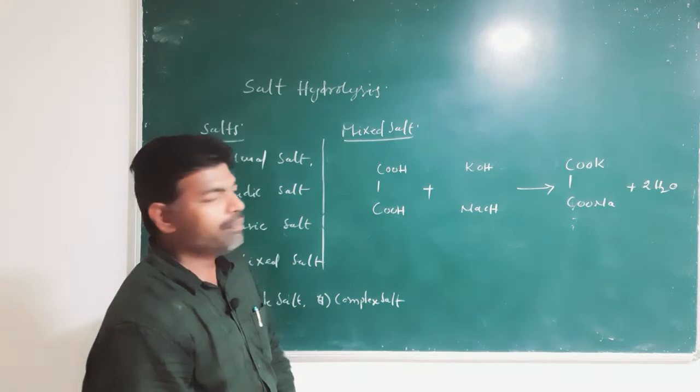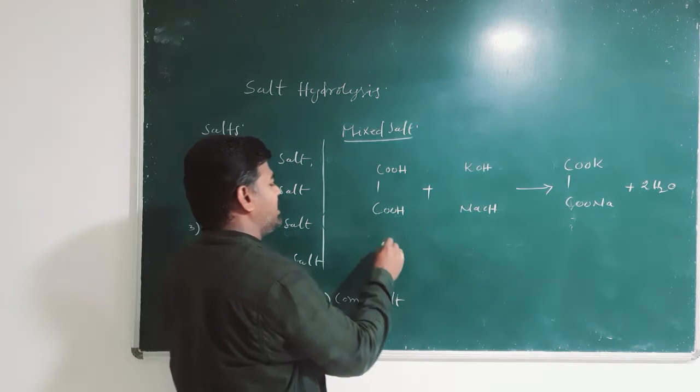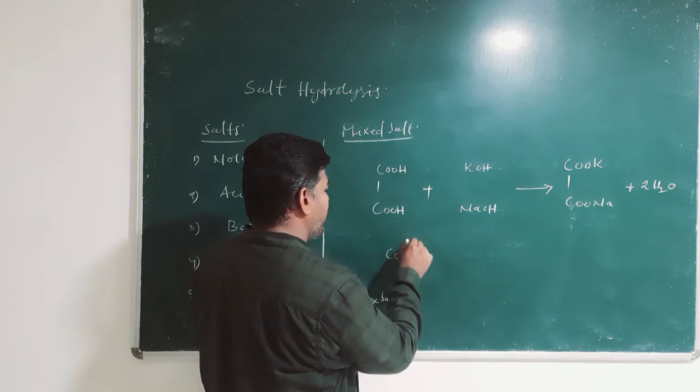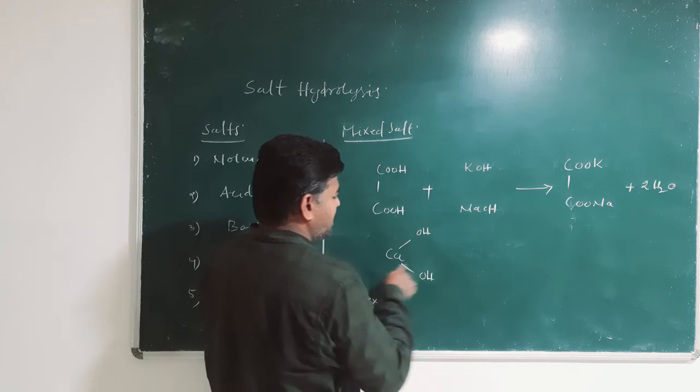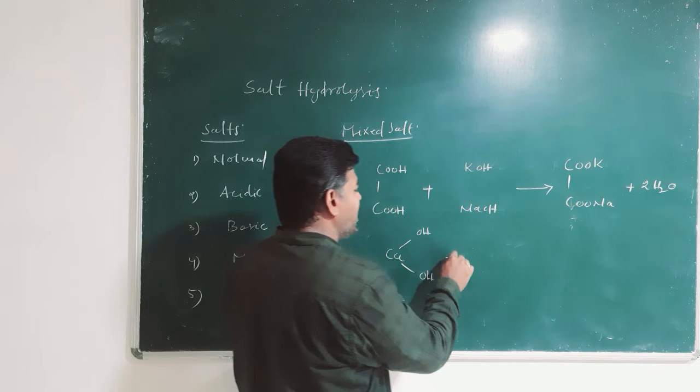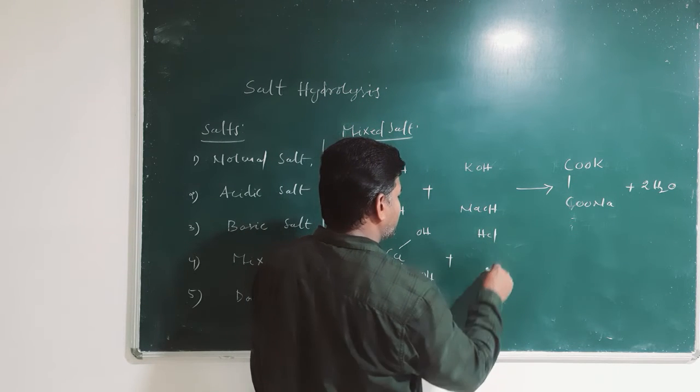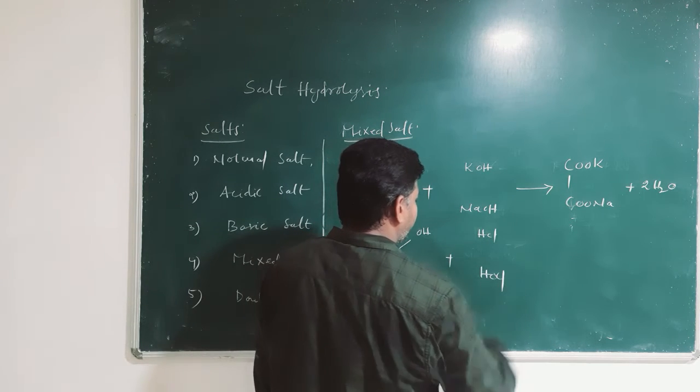One more example: if you take one base with two acids, Ca(OH)2, this is the base, and it combines with two acids, that is HCl and HOCl.